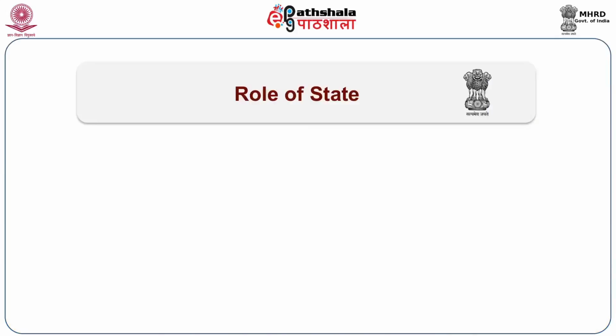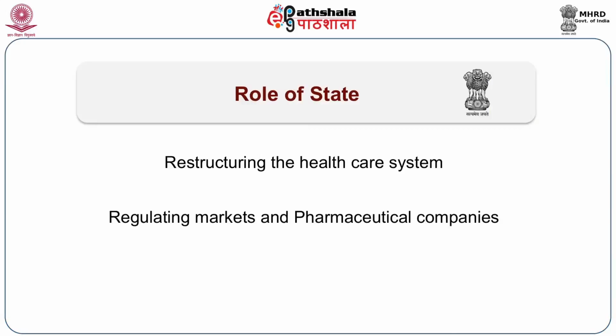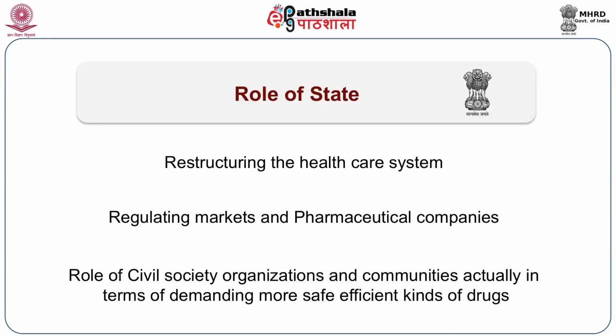So all that we are talking about is a role of the state in restructuring the healthcare system, a role of the state in regulating the market and pharmaceutical companies, and a role of civil society organizations and communities in demanding safer and more efficient drugs for their own consumption.